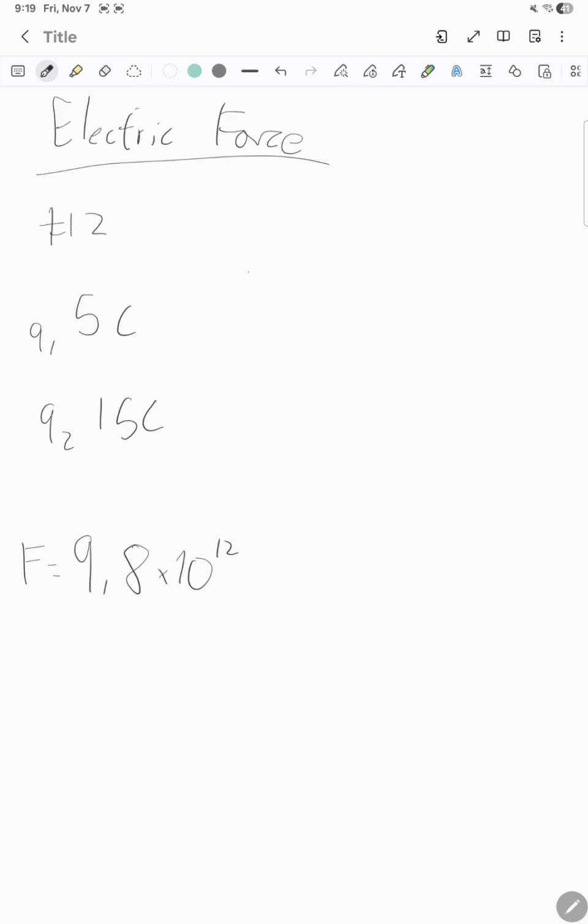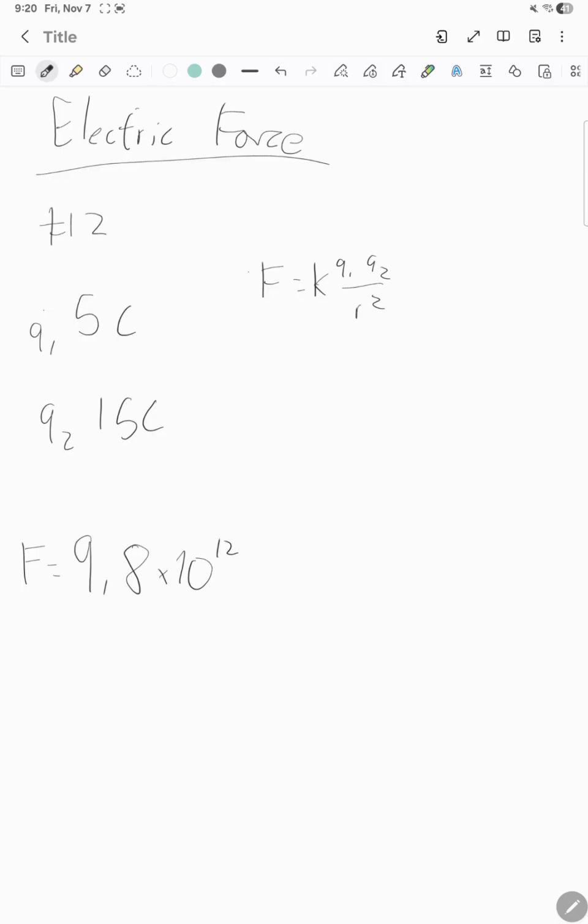So, of course, we have the same charges that we had in the last problem, and we do have the force. What you have to do here is isolate the r. You'll write the equation like this, divided by r squared.